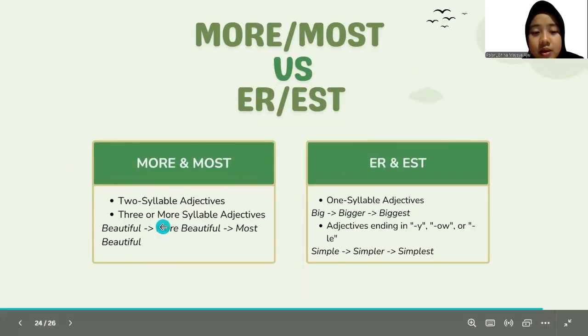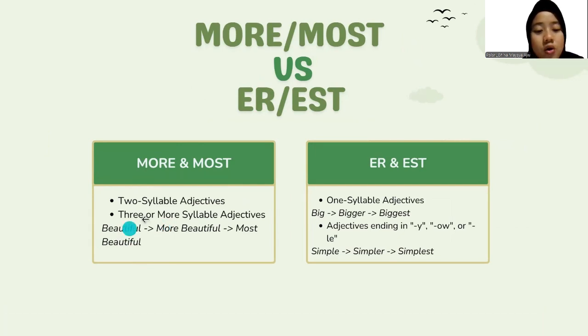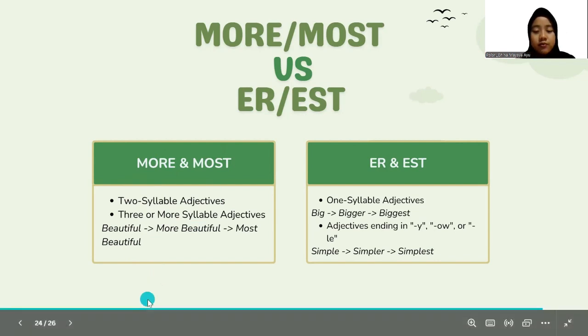More or most are used for two-syllable adjectives or three or even more syllable adjectives. So that's for more and most. For example, here, beautiful, more beautiful, and most beautiful. So that is for two syllables or three or even more syllables. Beautiful, how many syllables? Three syllables.